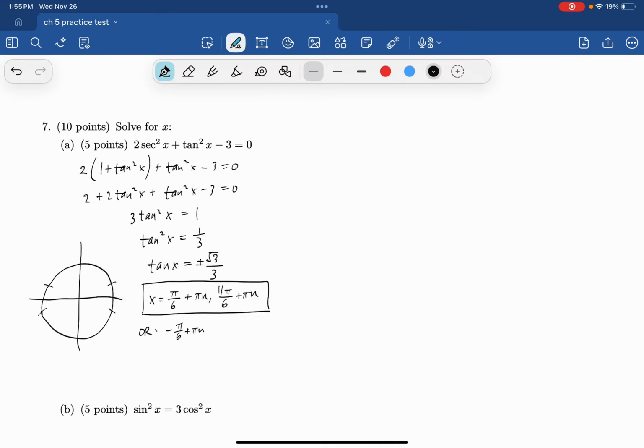All right. So let me do another solution. Let's say we converted that tangent squared into a secant squared. This would become 2 secant squared x plus secant squared x minus 1 minus 3 equals 0.